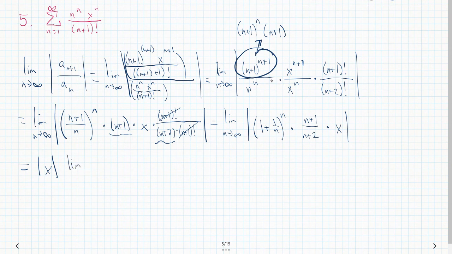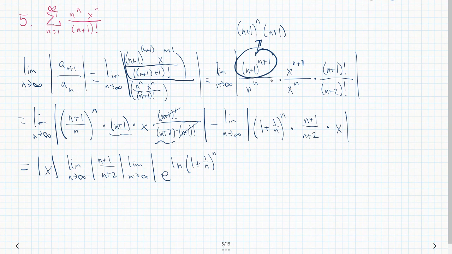So we have the limit as n approaches infinity of one part that's going to be easy, this n plus 1 over n plus 2. Okay. The other part, though, we are going to need to use some tricks. Since you have an n on the inside and an n on the outside, you have to use this e trick. And so it goes e to the natural log of 1 plus 1 over n raised to the nth power.